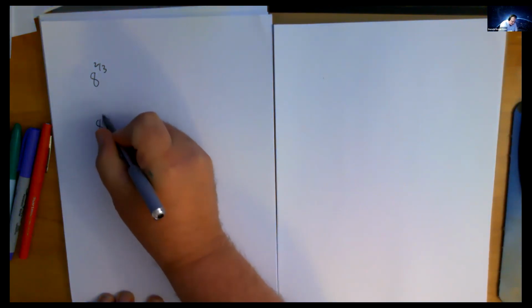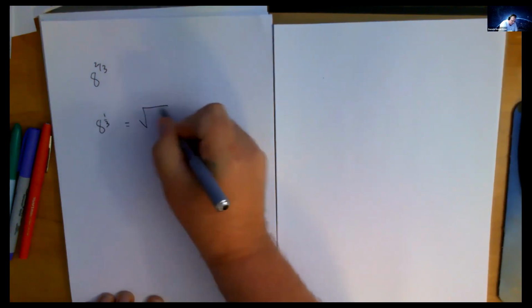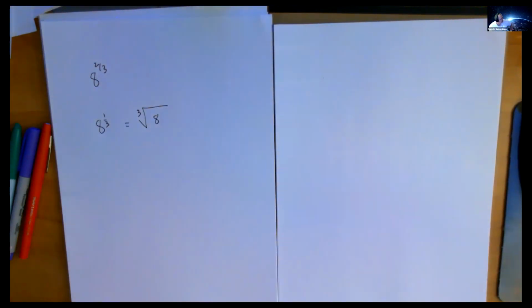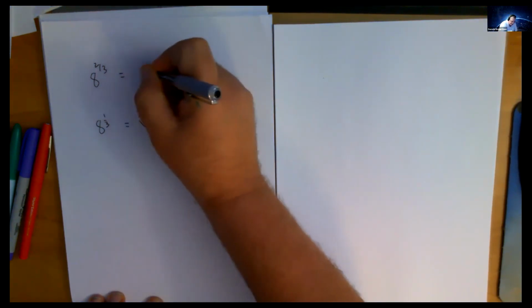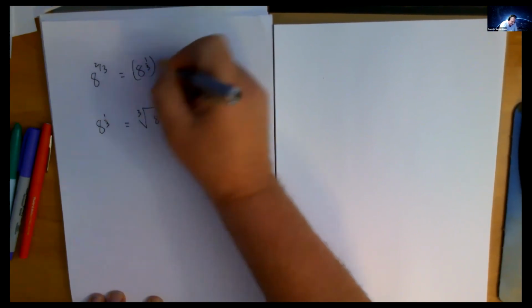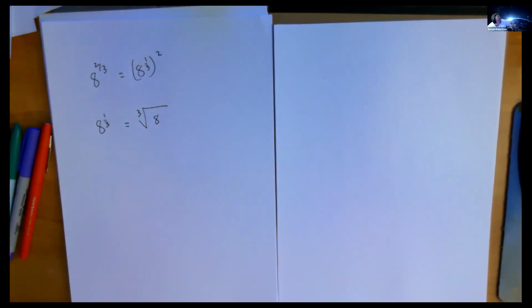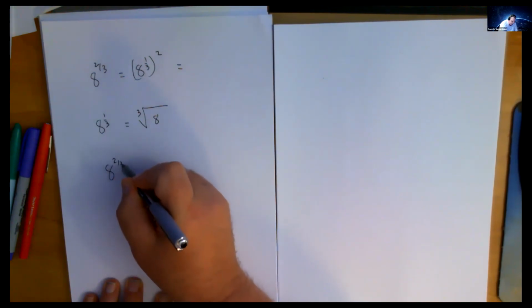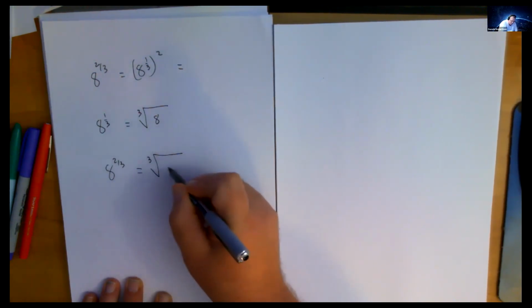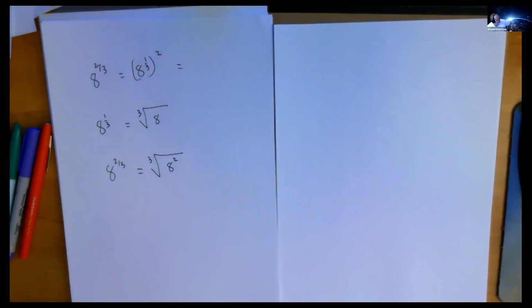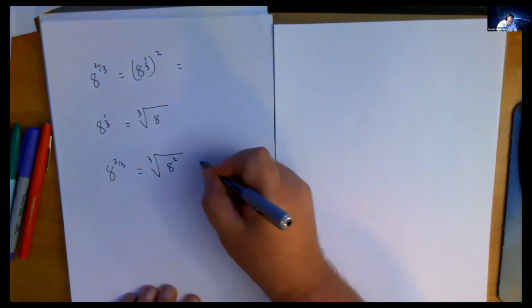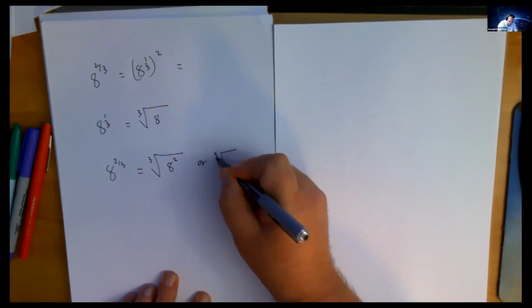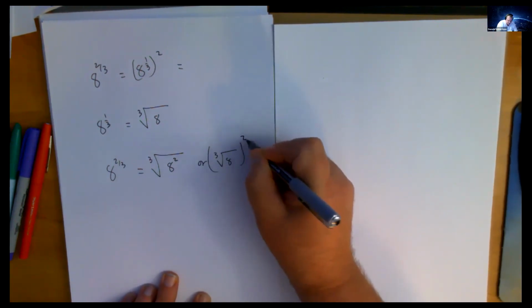If it had been 1/3, would it not have been the cube root of 8? So we're going to use the fact that this is the same thing as that. You can get 8 to the 2/3 by finding the cube root of 8 squared, or you can get the cube root of 8 and then square it.